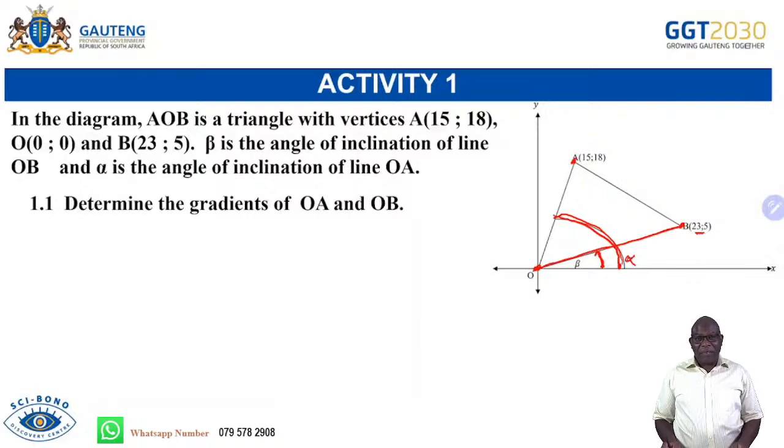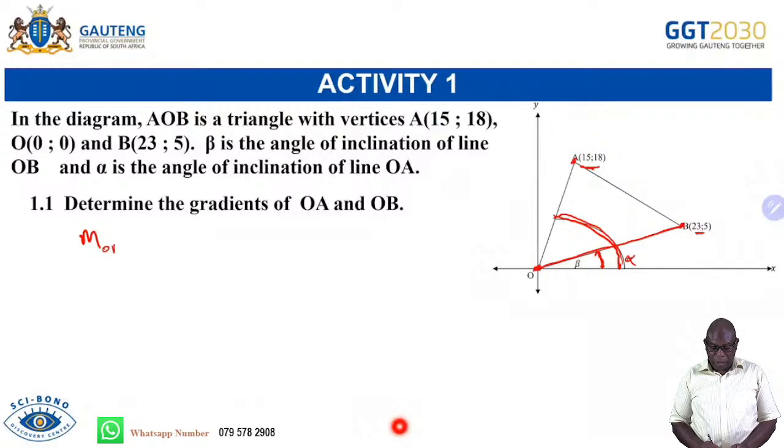Easy. If I've got a line from the center to that point A, obviously at the center it's 0, 0. Then we have 15 and 18. Then it means that it will be change in y over the change in x. If I can just write down the gradient of OA will be the change in y, y2 minus y1 over x2 minus x1.